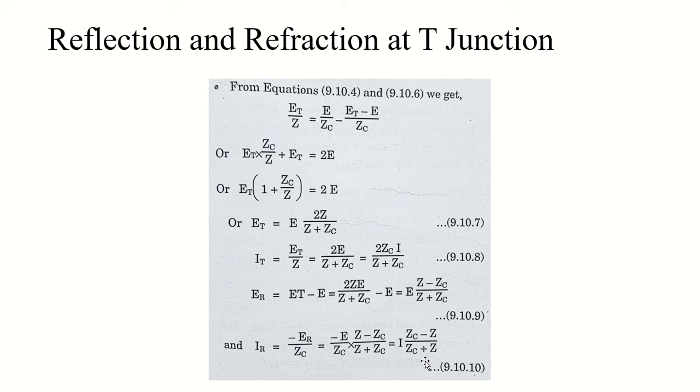Now these coefficients, 2Z divided by Z plus ZC, and then Z minus ZC divided by ZC plus Z, these are called the coefficient of refraction and the coefficient of reflection, based on which entity they are paired with. 2Z divided by Z plus ZC is basically the coefficient of refraction, and Z minus ZC divided by ZC plus Z is basically the coefficient of reflection, as it is getting multiplied with the reflection here, right?